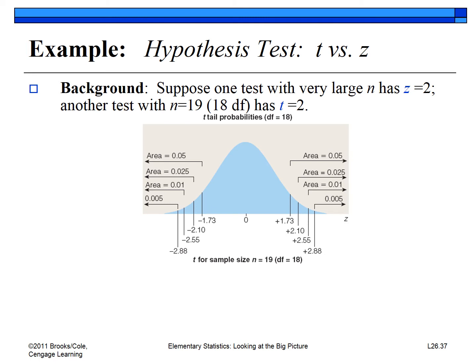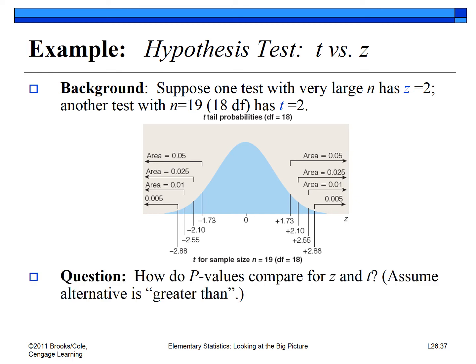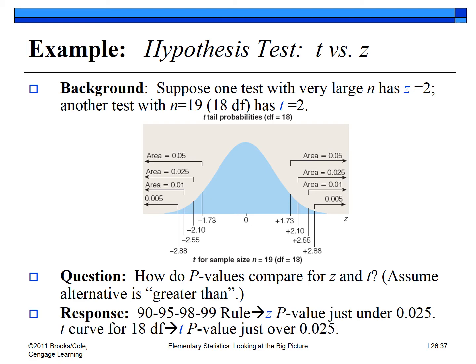Let's say that in one test with a very large n, we have a z-score of 2. Another test with 18 degrees of freedom has a t-score of 2. How would the p-values compare? Well, for z, the p-value ought to be just under 0.025.